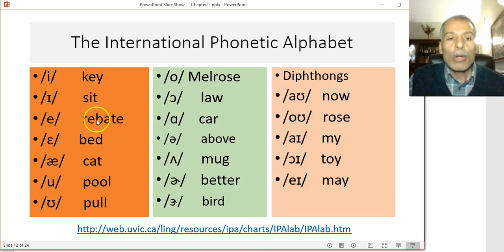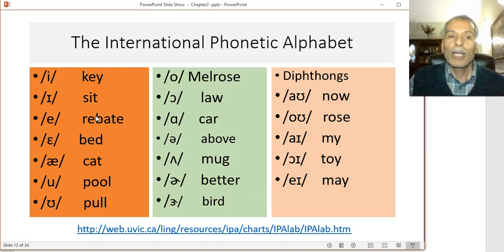But if you were to exaggerate the second syllable and make it bait, then you'd have to write it like this. So if someone transcribes rebate with this, it will be said like this: rebate.